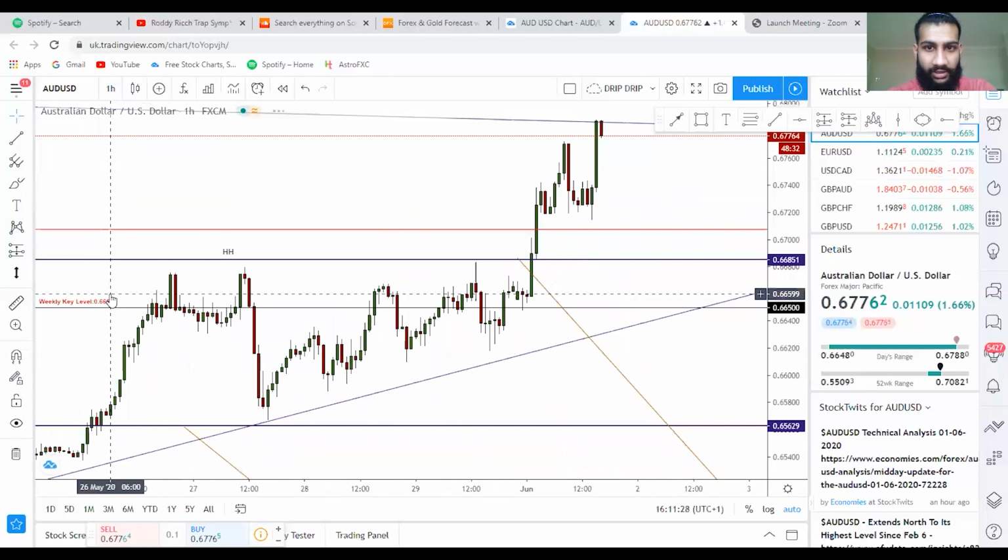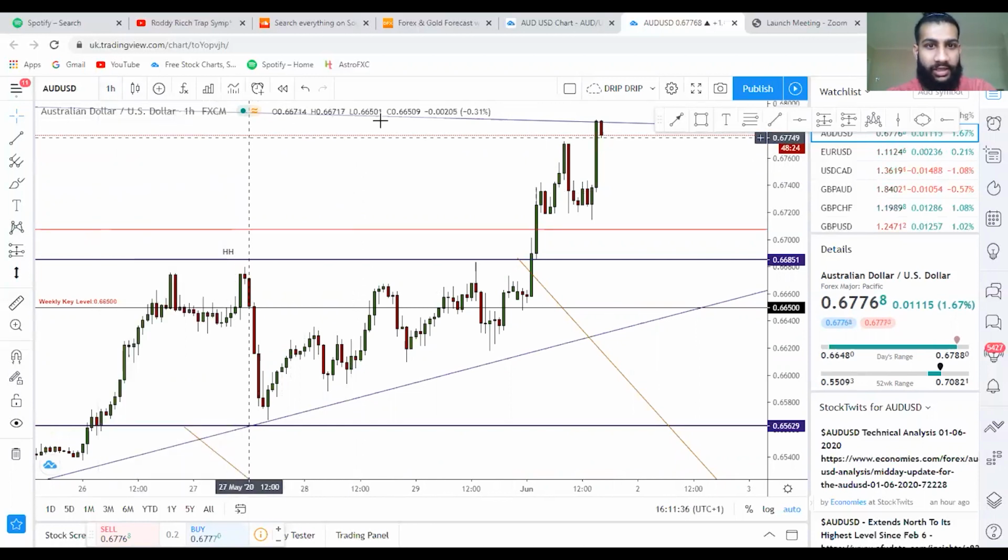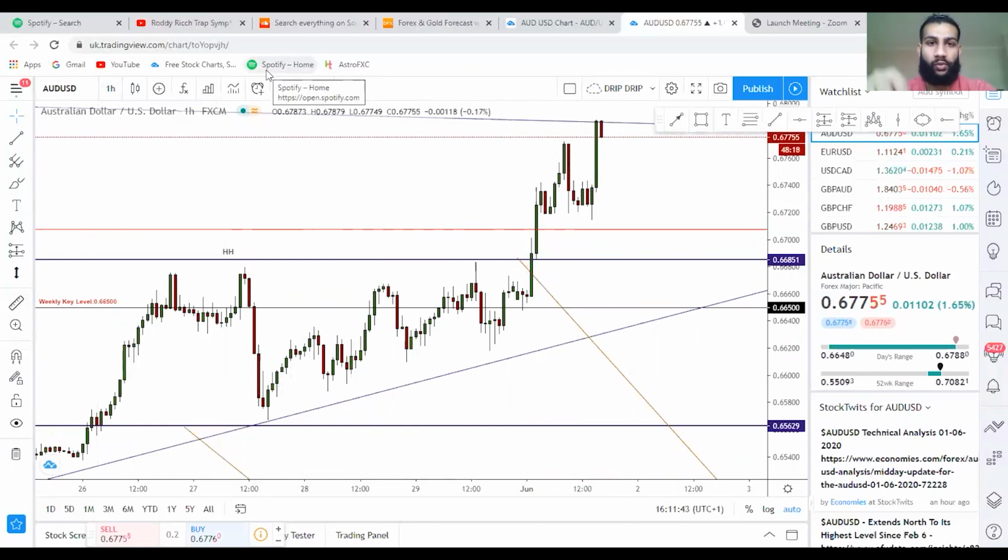But it seems like it's just made a pinpoint rejection off of that trend line. So that's the third touch of the trend line. The downtrend structure still stands, and that is a very good confirmation that price may want to come back down. Now that was the last confirmation suggesting that price will come down.